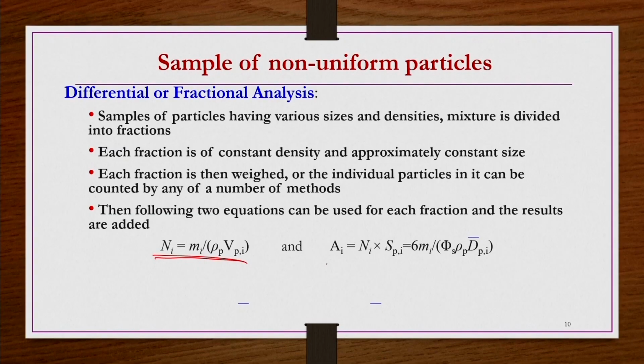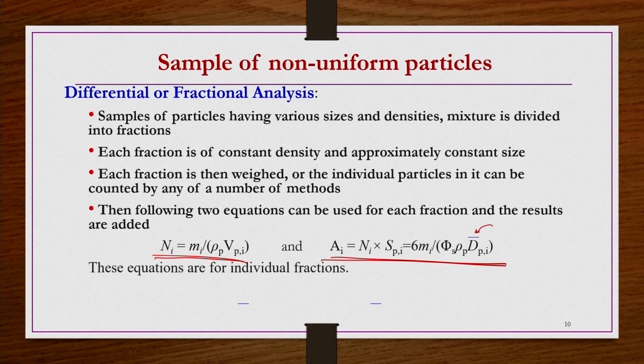Similarly, the surface area of the sample retained on a particular screen increment i would be Ni into Spi, that would be 6 mi by pi s rho p dpi bar. Here it is not dp but dpi bar, the average diameter of the sample retained on that ith increment.